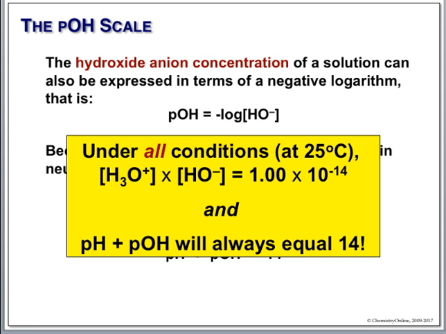If you're given a pH, you know that 14 minus the pH is always the pOH. Now this is actually really simple and fairly useful. Any questions before I click my button?